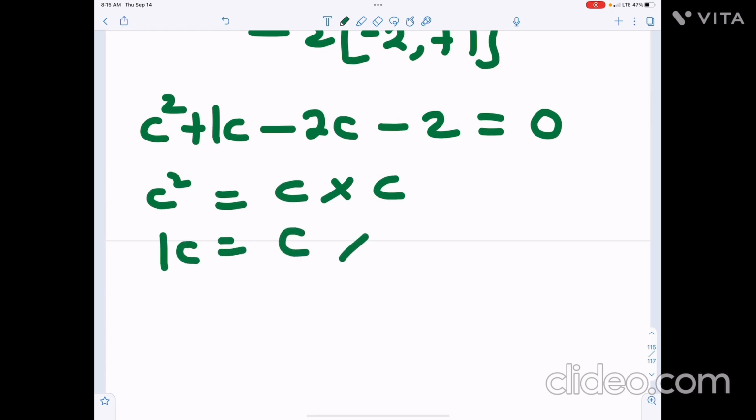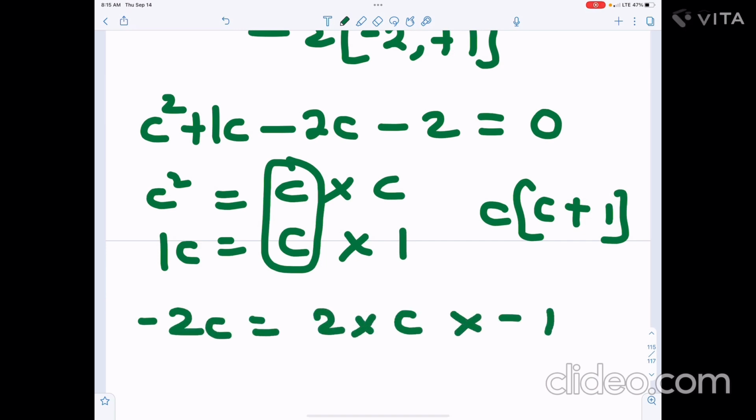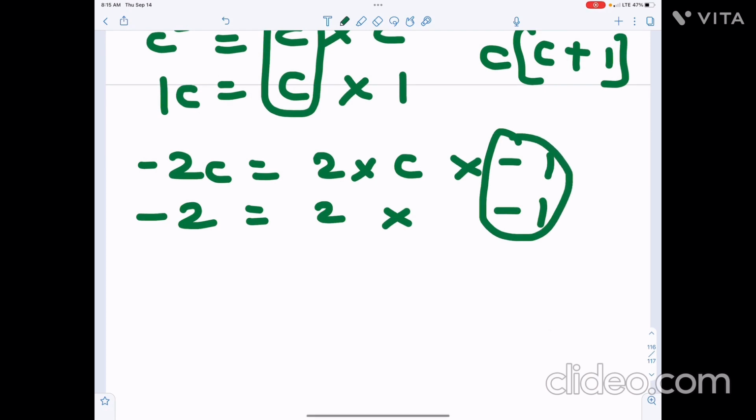C times 1. So c is common. I will get c times c plus 1 as my factors. In the second part, minus 2c is 2 times c times minus 1. We did this several times before. Minus 2 is 2 times minus 1. So my common factors are minus 1.